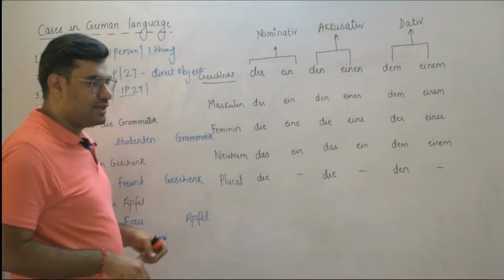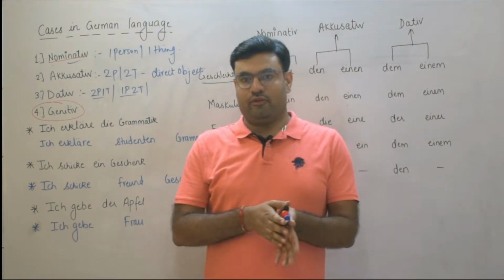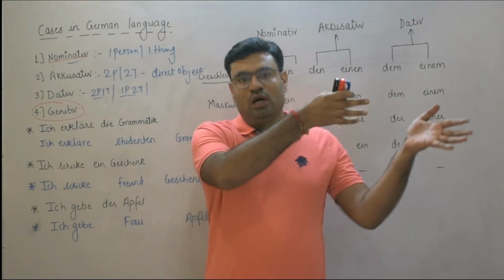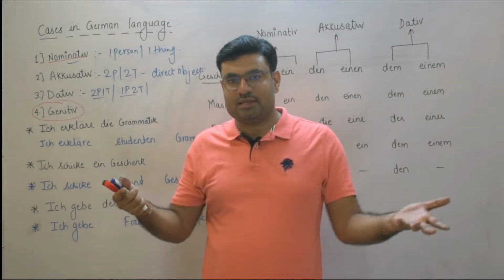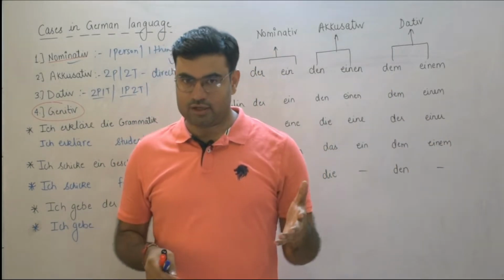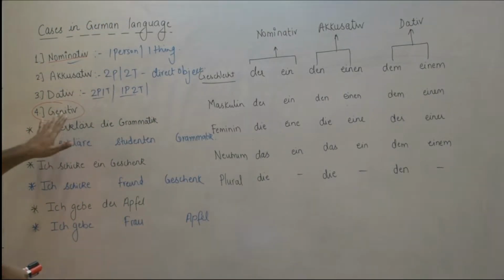Now in the dative case, two persons and one thing. In the statement I am writing a letter to a friend, we have two persons and one thing in between. The thing is the direct object and the person is the indirect object.